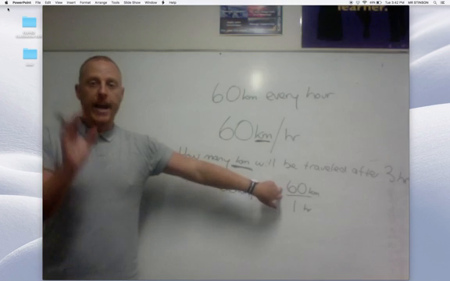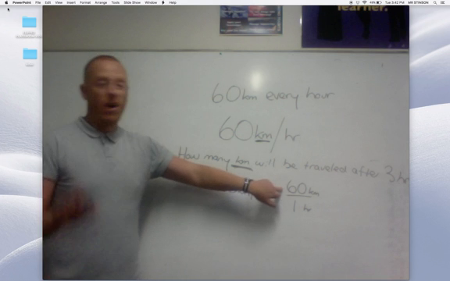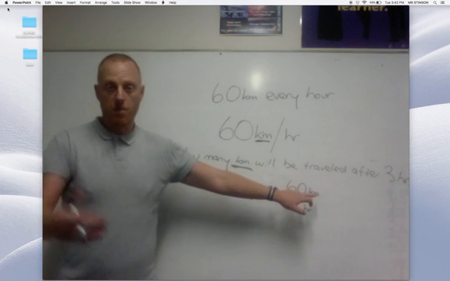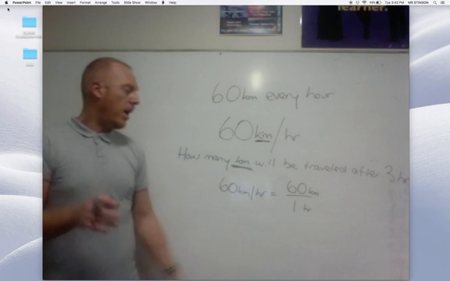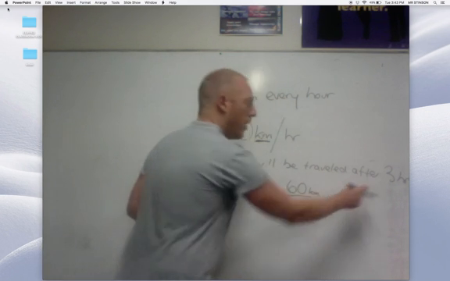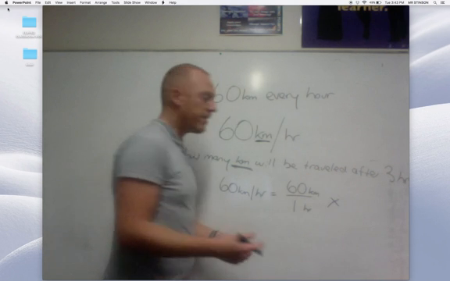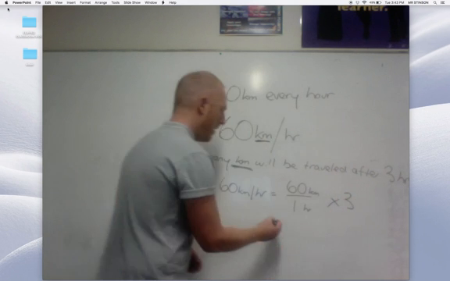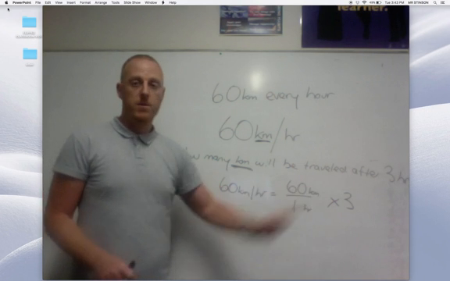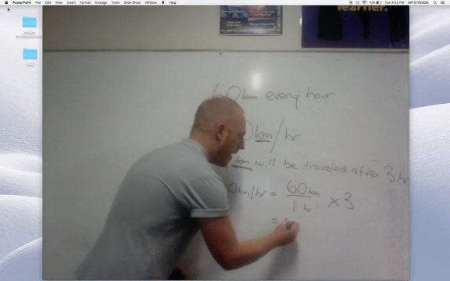And if any question is asking you to find what's on top of your fraction, in this case kilometres, you would multiply your rate, 60 over 1, by the quantity they give you, in this case 3. We would get a total of 60 over 1 times 3, which would be 180.